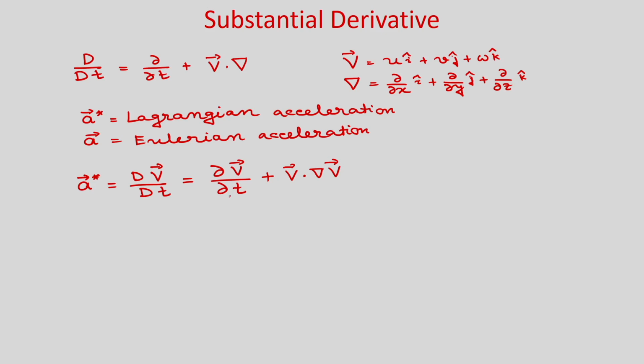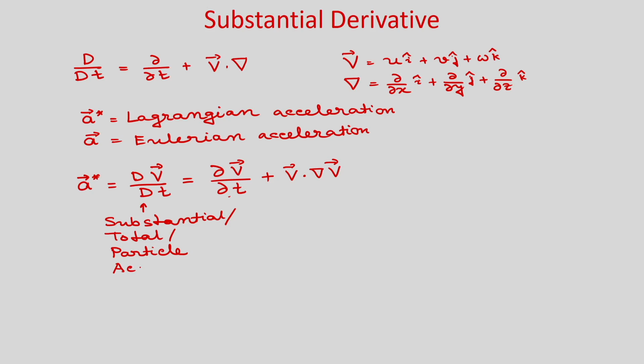So, you can see that this represents the acceleration in the Lagrangian framework, and del v by del t is the acceleration in the Eulerian framework, and we represent this Dv by Dt as the substantial or total or particle derivative.